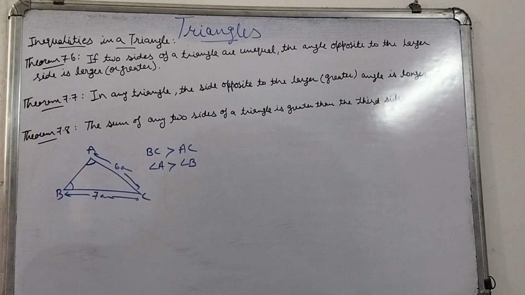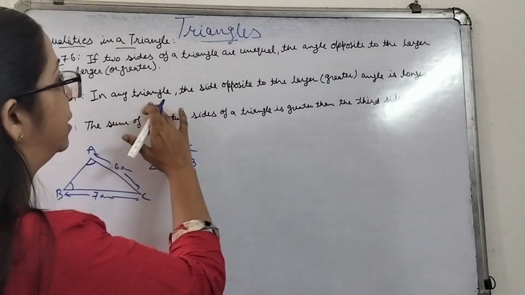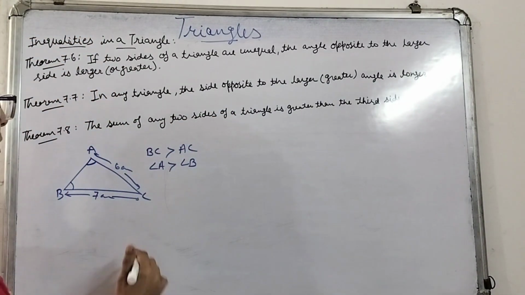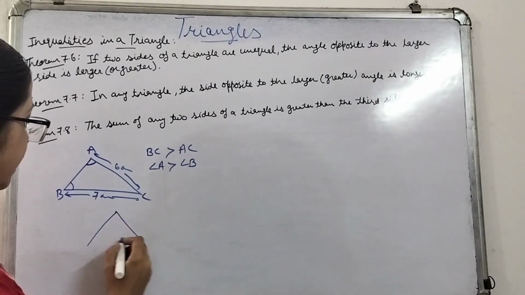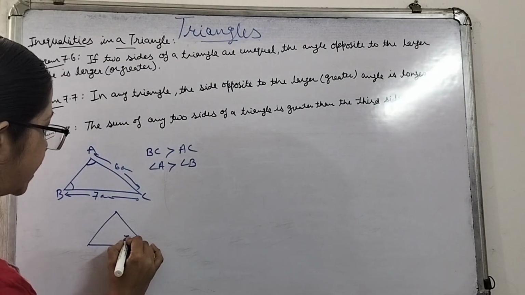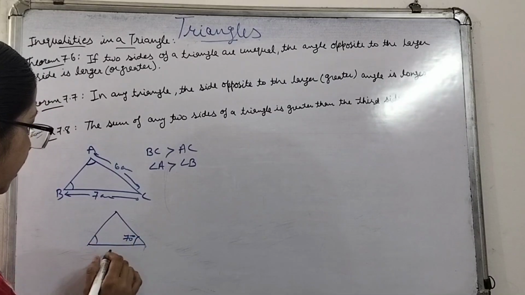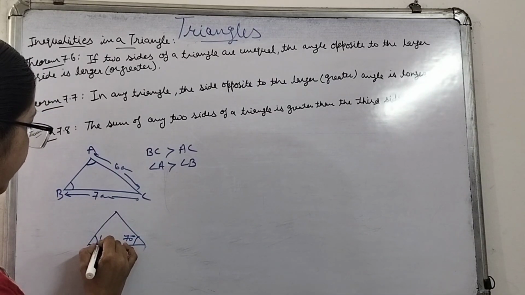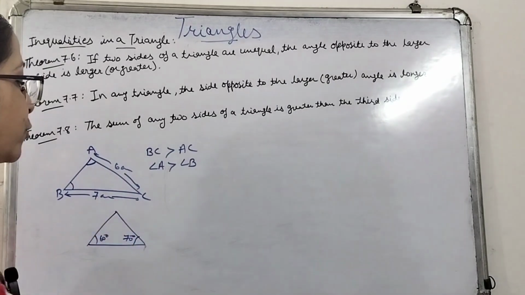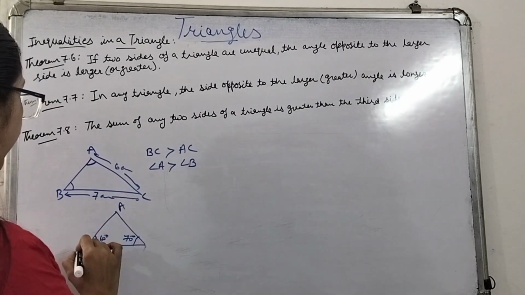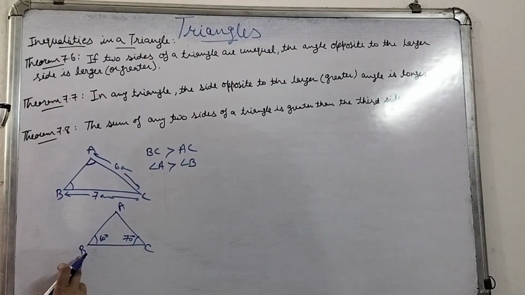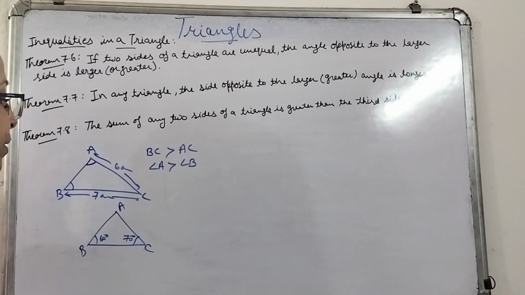Theorem 7.7. In any triangle, the side opposite to the larger angle is longer. That is, instead of sides, angles are given to you. Suppose in the given triangle ABC, angle B is 60 degree and angle C is 70 degree.